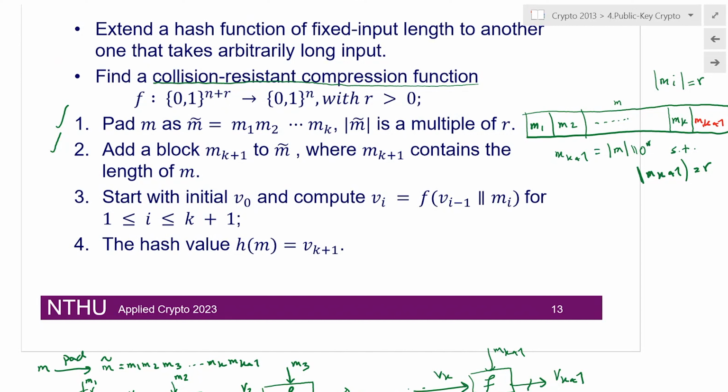They always take n plus some r bits, and then they shrink it down to n bits. So the first challenge we want to solve is how we can use this idea to design a new function that can accept any arbitrary length of input.